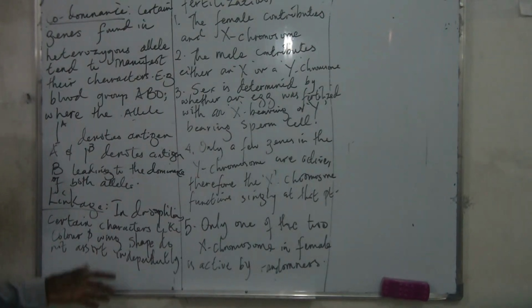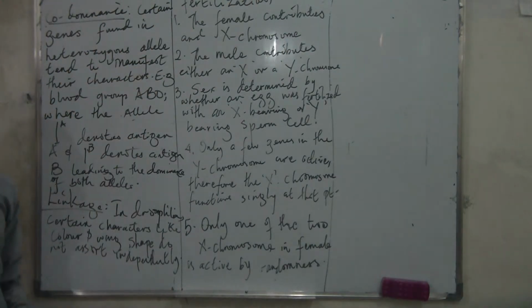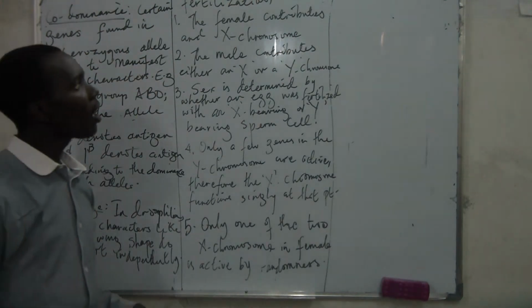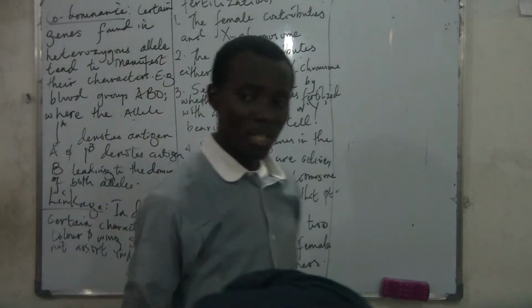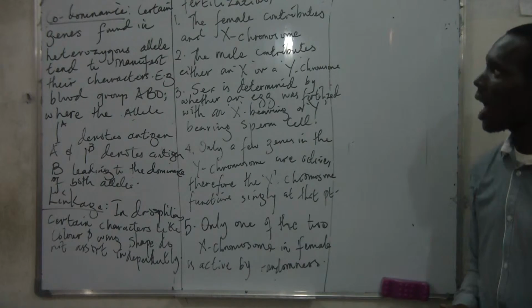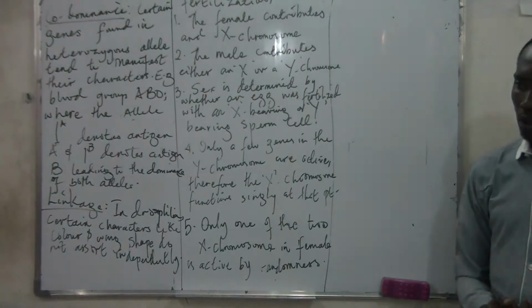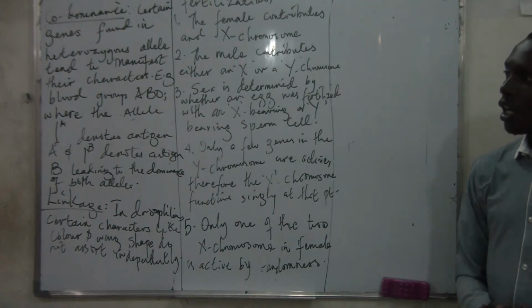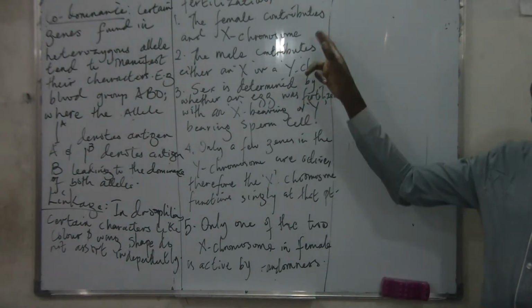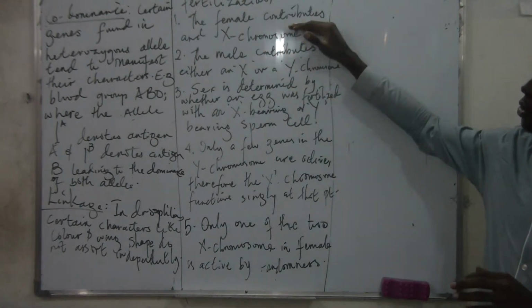Other intricacies. Another intricacy is sex determination. In humans, let's take humans as a case study because it's easier for us to relate with ourselves as humans. During the course of fertilization, the first thing to notice is that the female contributes what?